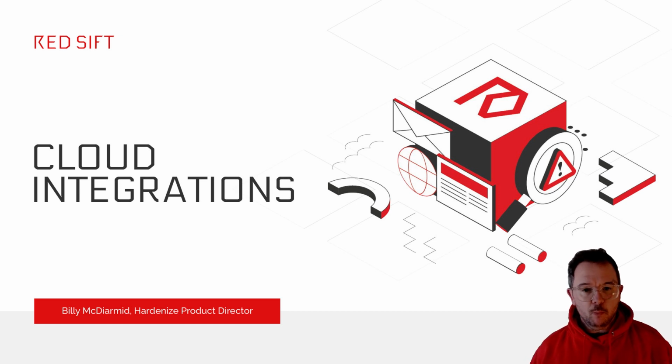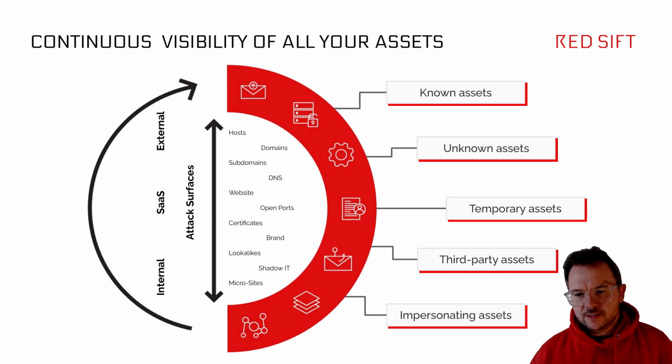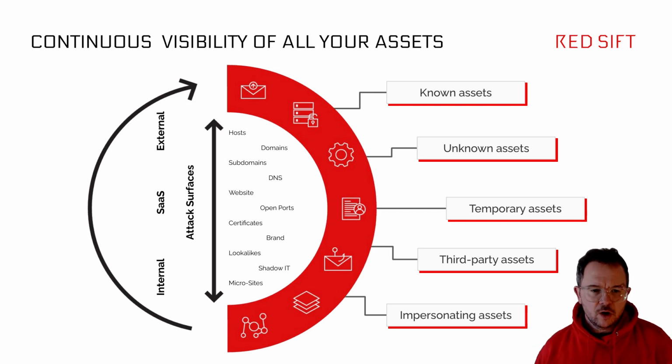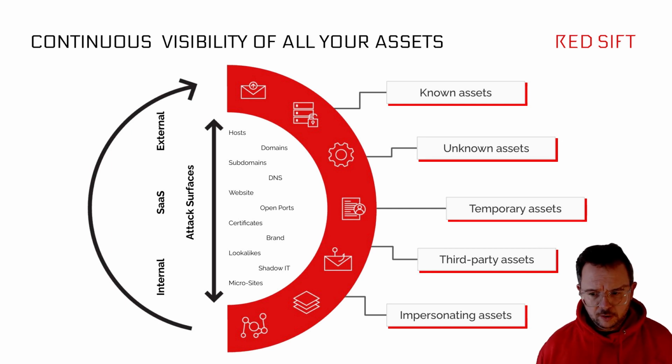Today I'm going to tell you more about our latest feature, and that is cloud integrations. Red Sift's already a key tool that's used to automatically and continuously keep inventory of your attack surface, whilst also monitoring the configuration of those assets that we find. We find hostname certificates and IP addresses using a number of different methods, but our customers were looking for more.